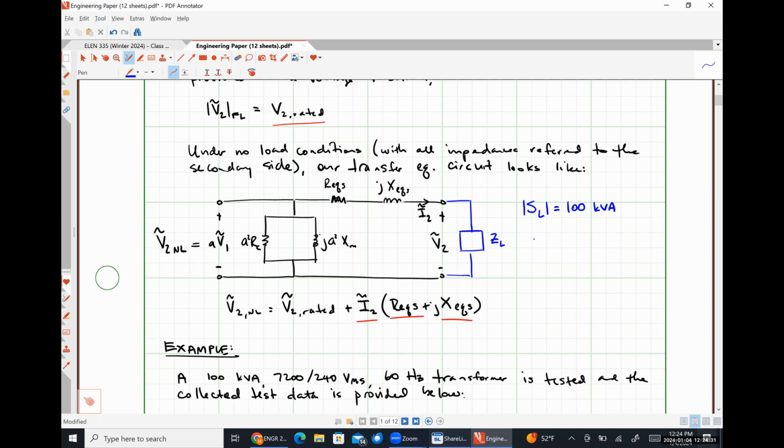We also know that the magnitude of our load voltage under full load conditions is 240 volts RMS. So what should our current be?